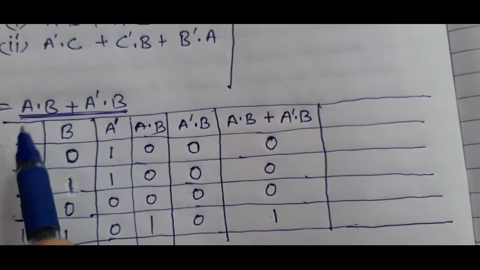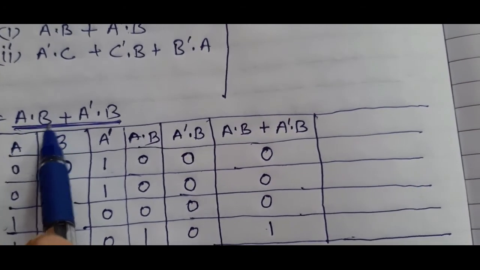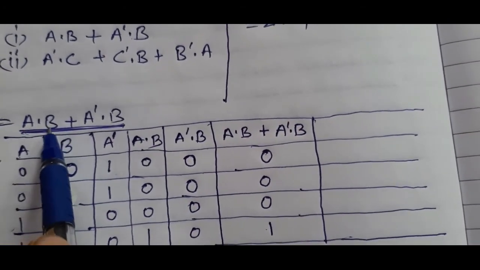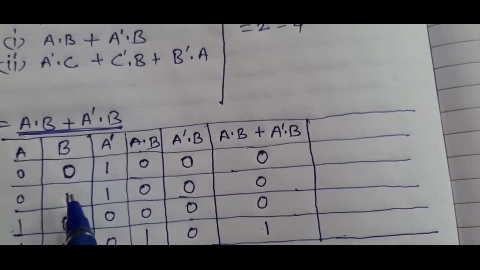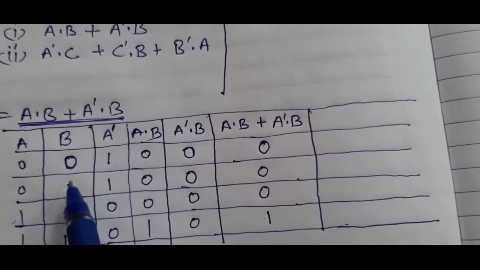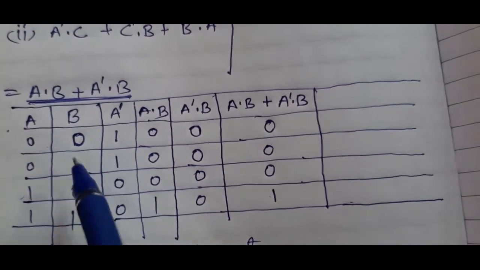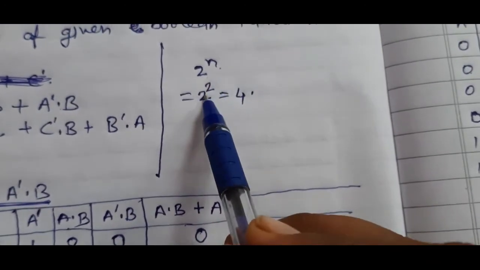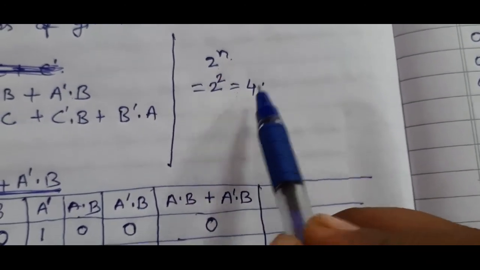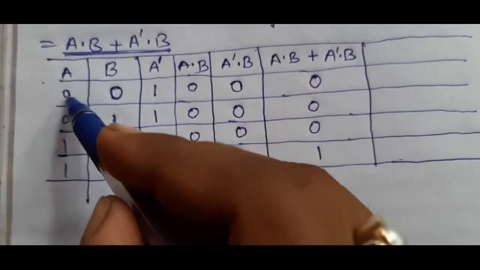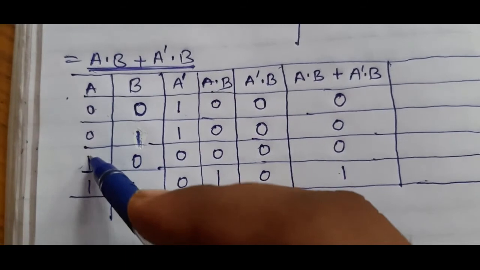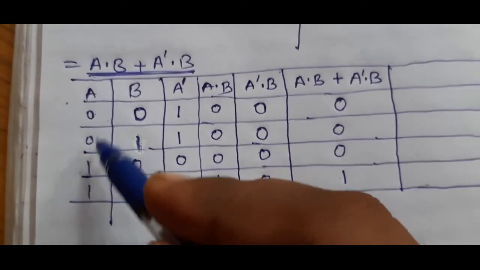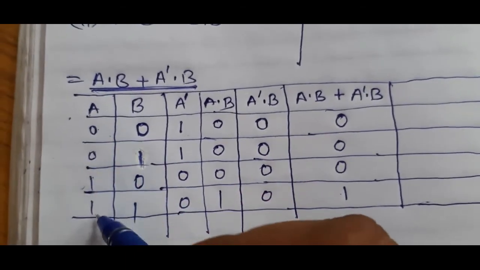Here there are two inputs, A and B, and the base of any Boolean algebra is only two, 0 and 1, which is binary. So 2 to the power 2 equals 4, which means for two inputs we have to create 4 combinations.